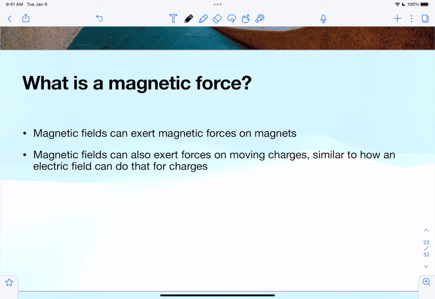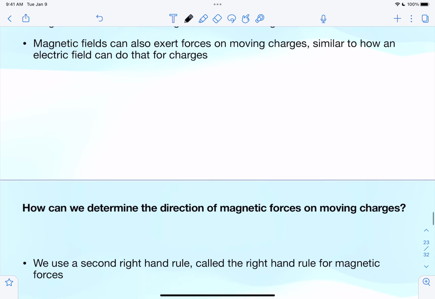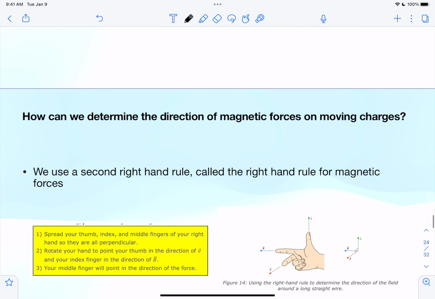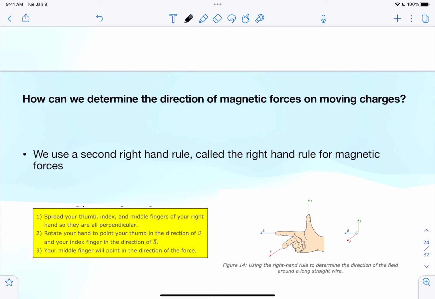Once again, magnetic fields, like electric fields, are able to exert magnetic forces on magnets or other objects. And magnetic fields can also exert forces on moving charges, similar to how an electric field can do that for charges. Now, how do we determine the direction of magnetic forces? We use another right-hand rule like we did for the magnetic fields.